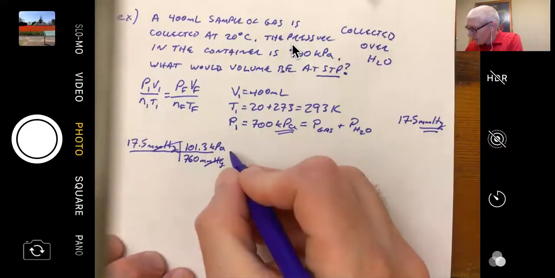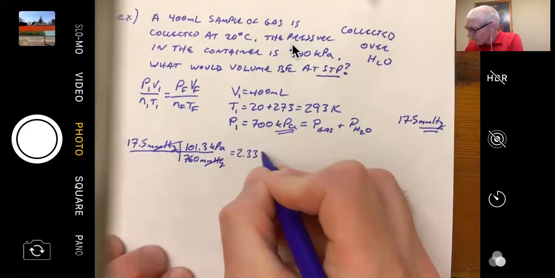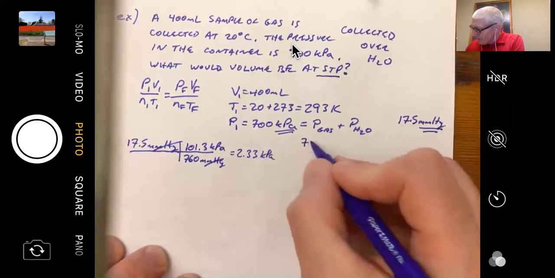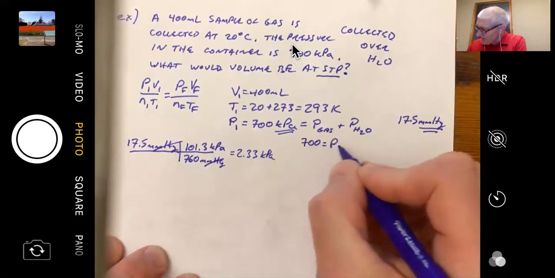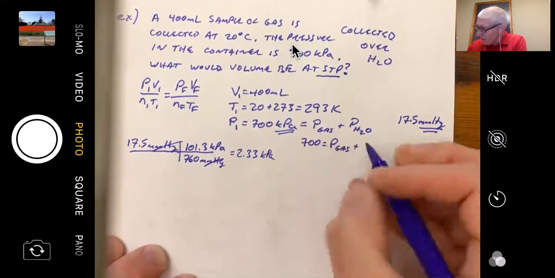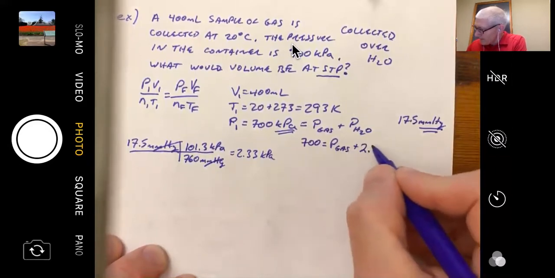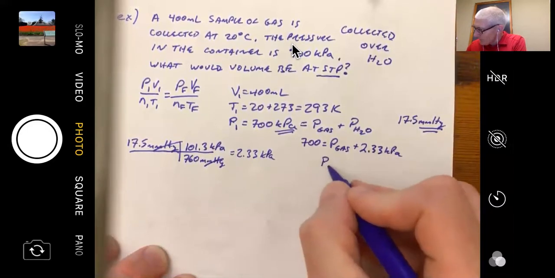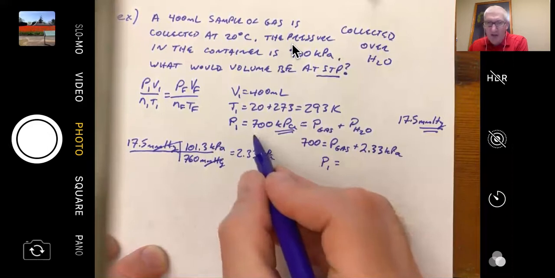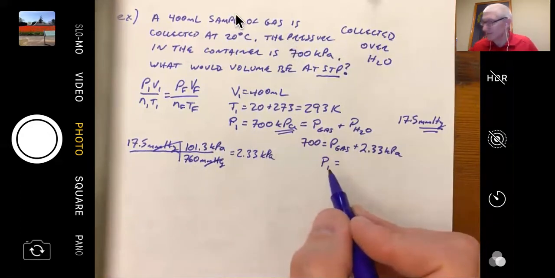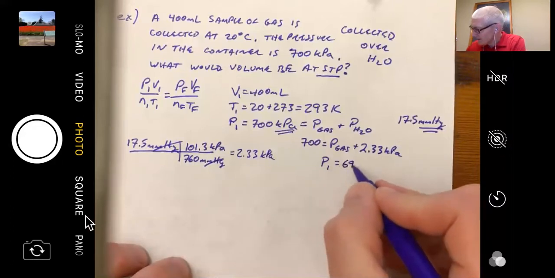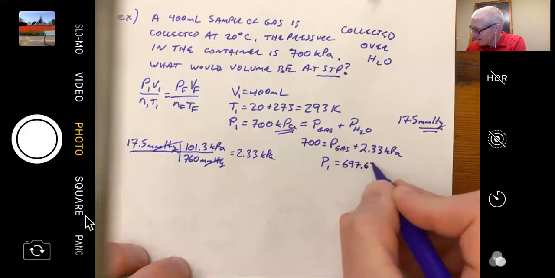So we're going to go with 2.33 kilopascals. So all of this is because of this silly fact that water is messing up our pressure. So the actual pressure that we want to use is not the 700. We're going to subtract out the 2.33, and that's going to give me 697.67.